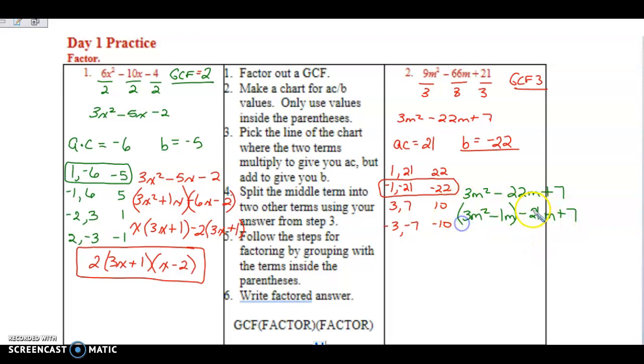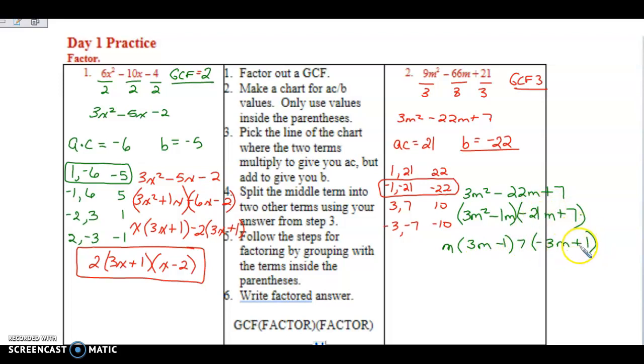And then break that into two groups. I can take an m out of both, 3m minus 1. I can take a 7 out of both, negative 3m plus 1.